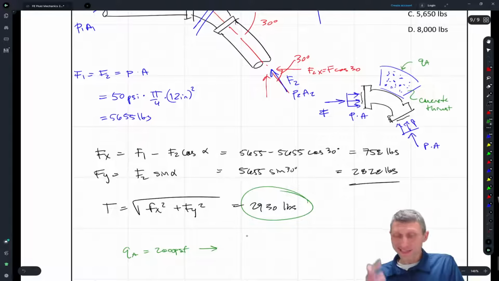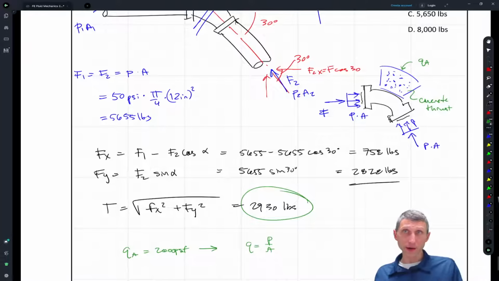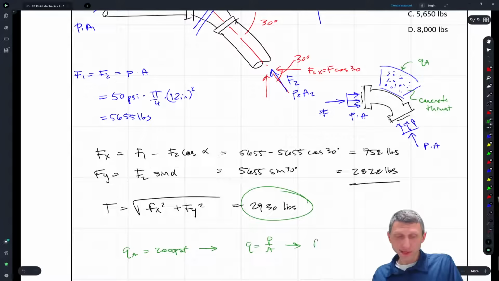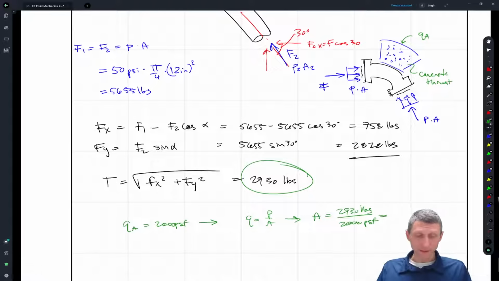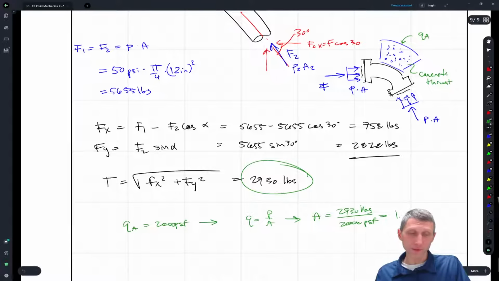It means we have to take our force, and again, Q equals P over A. So our pressure is our force over our area. That means we need an area equal to P of 2930 pounds divided by 2,000 PSF. 2930 over 2,000 gives us an area of about 1.5 square feet.